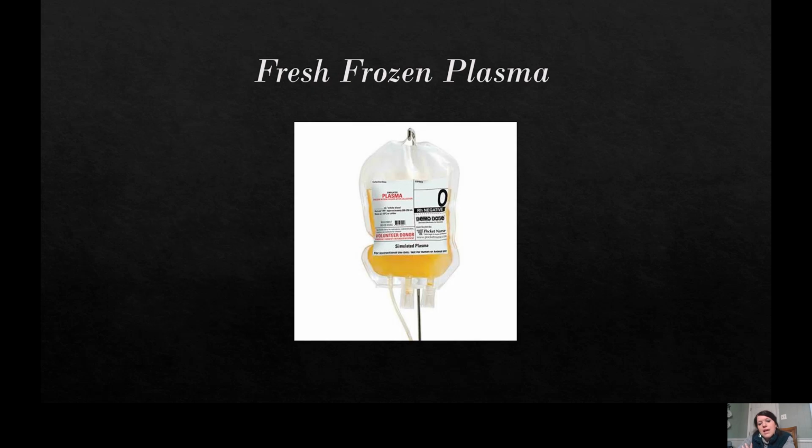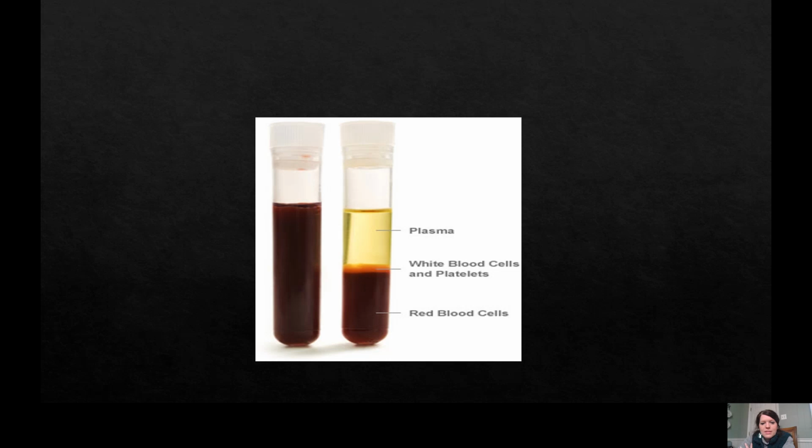So fresh frozen plasma looks very similar to platelets. It's not red like regular blood. And this is a good way to see the way that it's spun down and separated. This is the plasma. These are your white blood cells and platelets, and this is your red blood cells. This is a really good picture so you kind of know what your, we just think blood is red, but we don't think about those individual components.